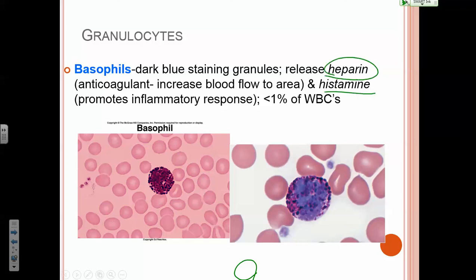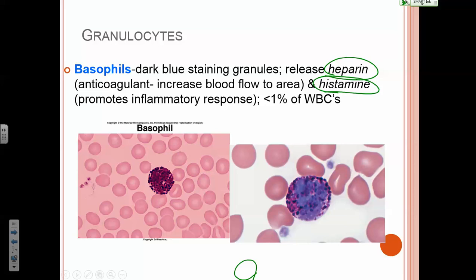One's called heparin, one is called histamine. They both start with an H, but they don't have anything to do with each other. Heparin is a real powerful anticoagulant, which prevents blood clotting. So if you're producing a lot of that, you may do that when you need more blood flow into an area. So this basically thins your blood. Some people don't produce enough of that naturally, so their blood tends to clot too much.